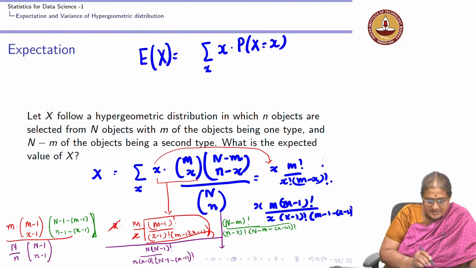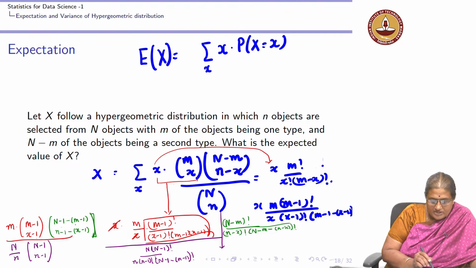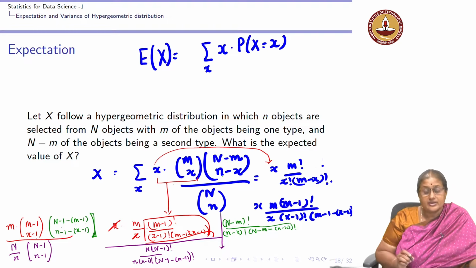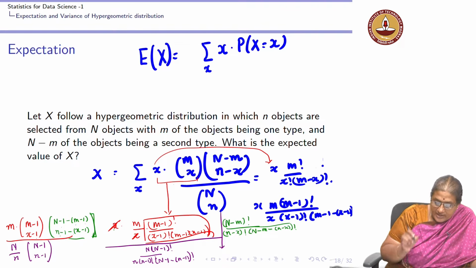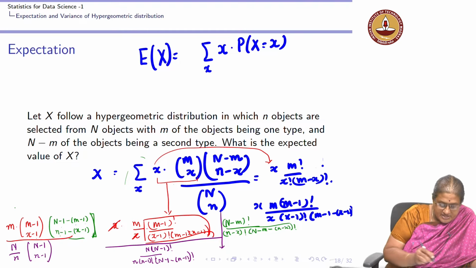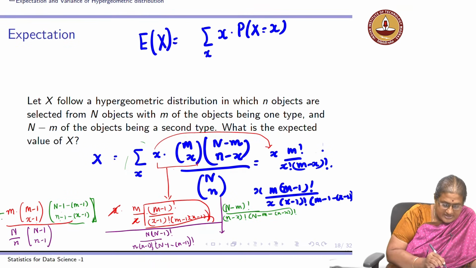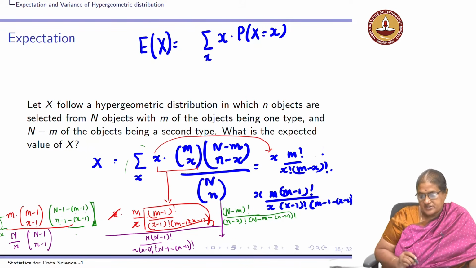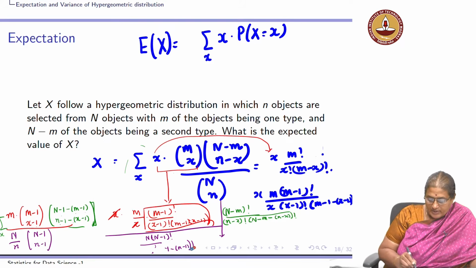So, you can see that the same thing I can write as N minus 1 minus m minus 1. I can write n minus x as n minus 1 minus of x minus 1, and I just get n minus x. So, in other words, this summation, I can write it as summation over all x of this kind. So, what can I do?